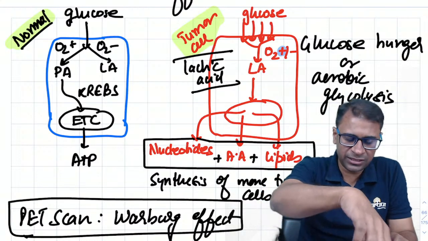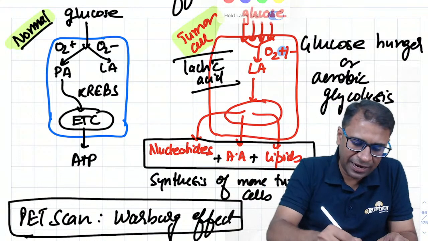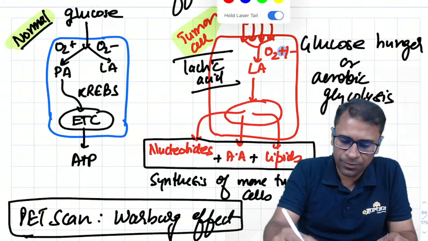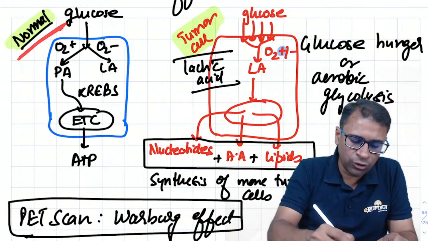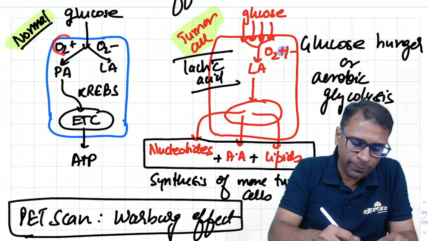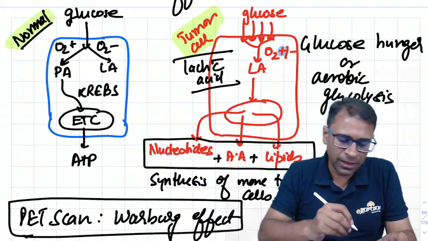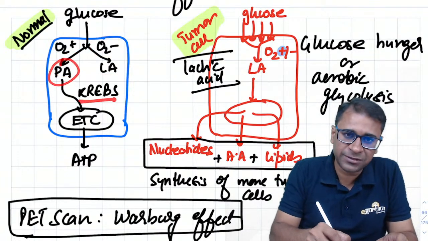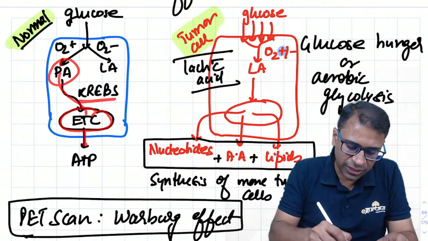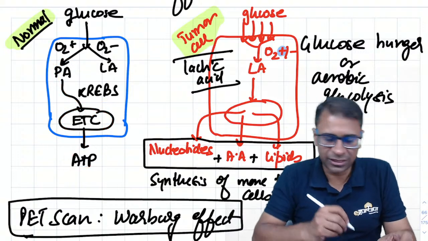Look at the first image here. Here the glucose is entering this cell, and in a normal cell, glucose enters a cell. Then with the help of oxygen, it makes pyruvic acid, and without oxygen, it makes lactic acid, right? So pyruvic acid, with the help of the Krebs cycle, goes to the electron transport chain and finally makes ATP. This is a normal cell.